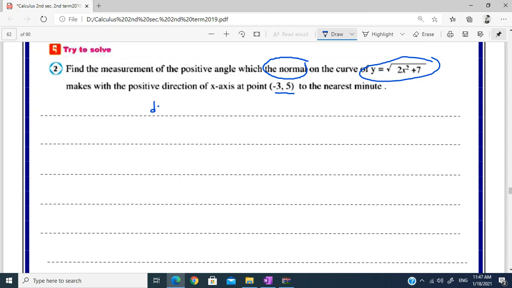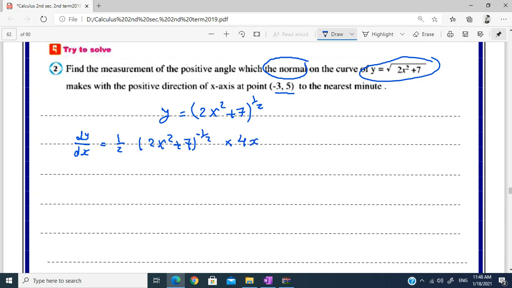So dy by dx. First, y equals 2x power 2 plus 7, all power 1 over 2. So dy by dx equals 1 over 2 times 2x power 2 plus 7, all power negative 1 over 2, times the first derivative of the inner function, which is 4x.